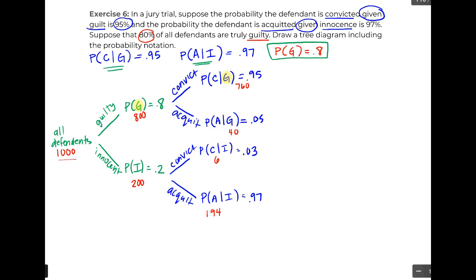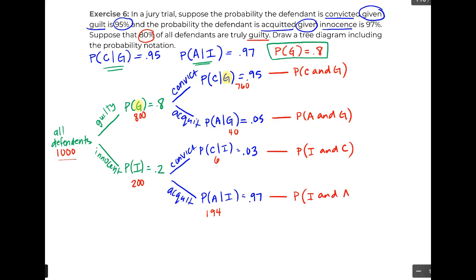And this, like I said, makes more sense for people as to why we're multiplying to get to the final piece. So if we multiply down these rows, we're going to get the probability of C and G, the probability of A and G, the probability of I and C. It doesn't matter what order we write these in. And the probability of I and A. I wrote them in different orders for the two, but it doesn't matter because and is and regardless.